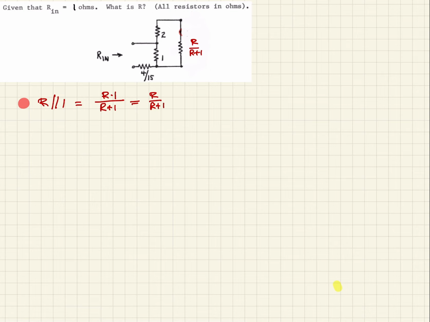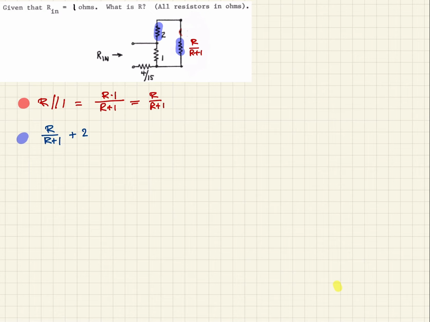So let's look a little further. Now we see that this resistor and this resistor are in series. So that being the case, we can say that this new R is going to be R over R plus 1 plus 2. Okay, so that's what we can replace those two with. So let's go ahead and do that.